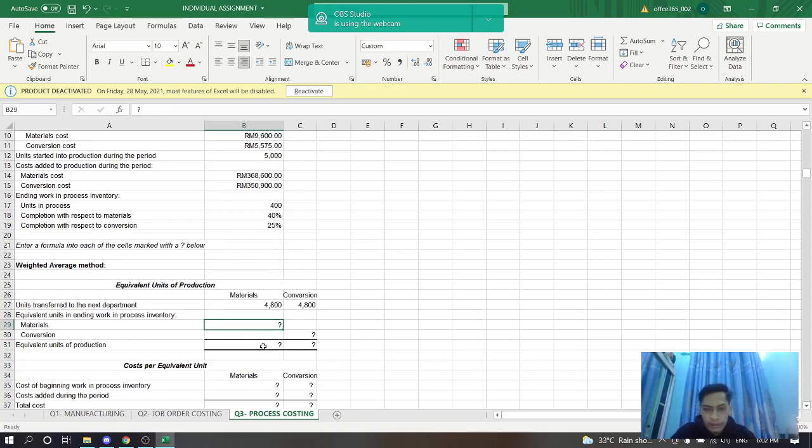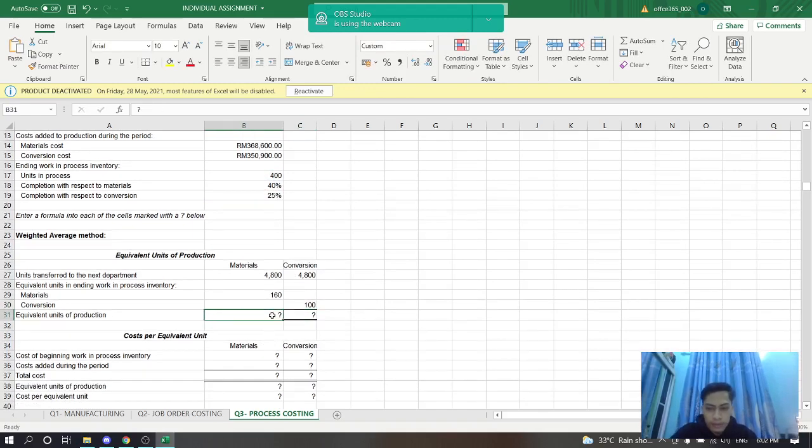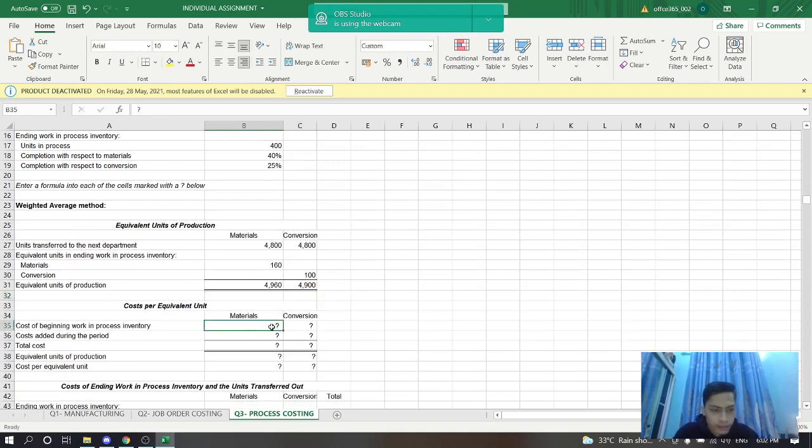For the material is unit in process material, and then unit in process for conversion multiply with the 25%, and the equivalent unit is the sum of these two, material conversion.